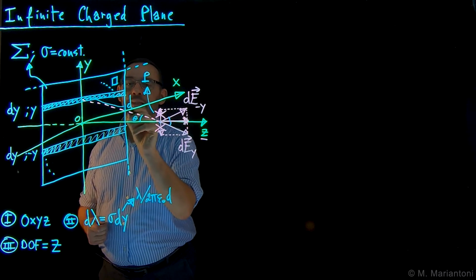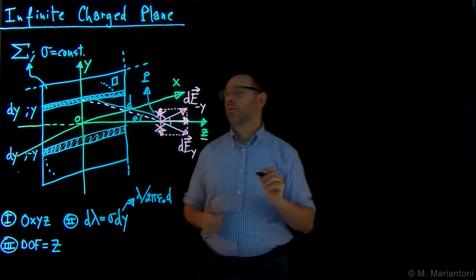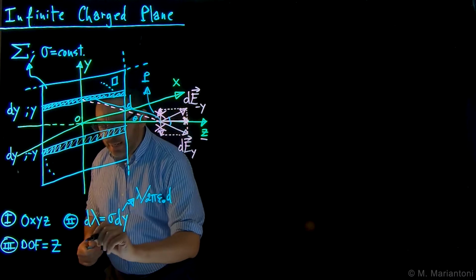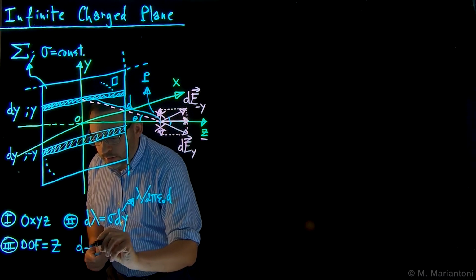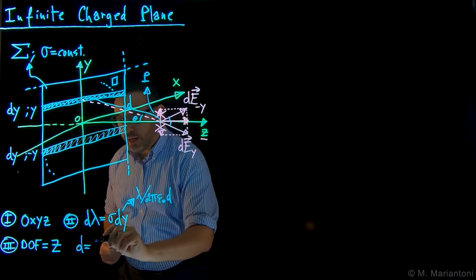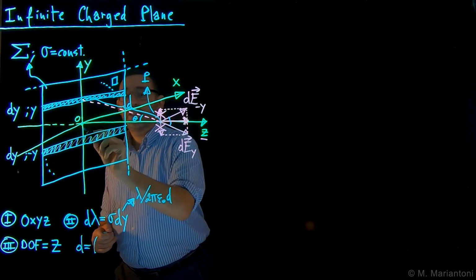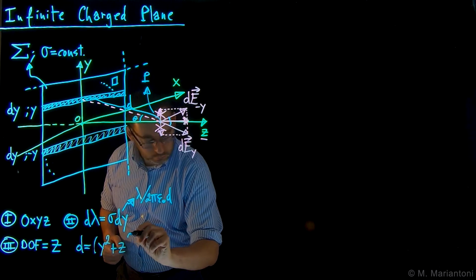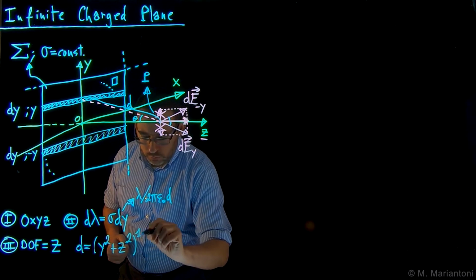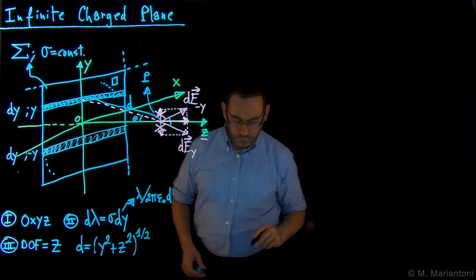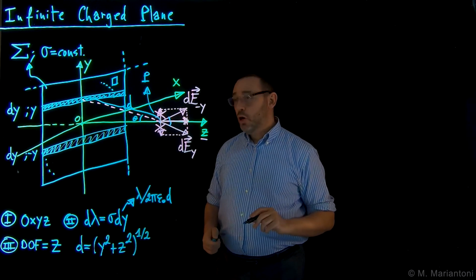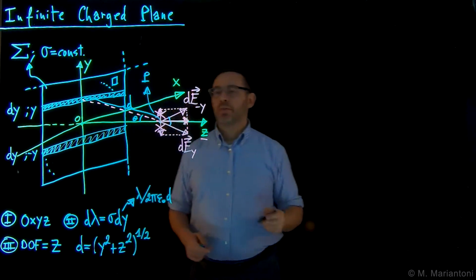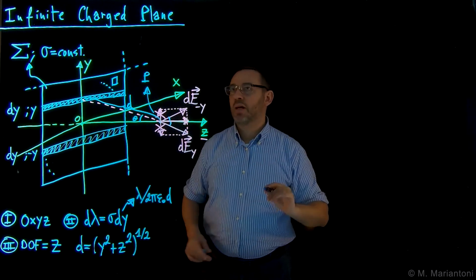So we know that d from the Pythagorean theorem is the square root of y squared plus z squared, under square root. We also know that y divided by z is the tangent of theta. We're about to use that in a minute. I will write on this side of the board.